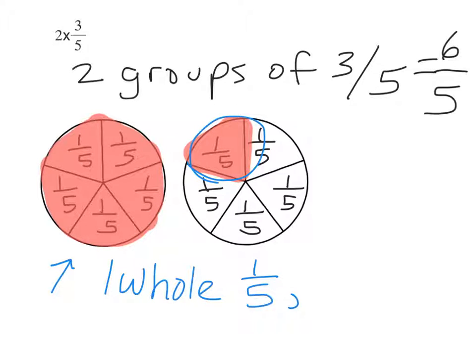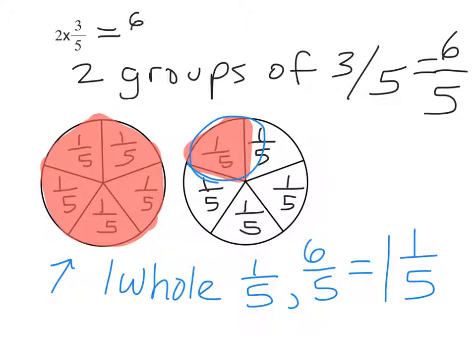So 6/5 is the same as 1 whole and 1/5. That means 2 times 3/5 equals 6/5, which equals 1 1/5.